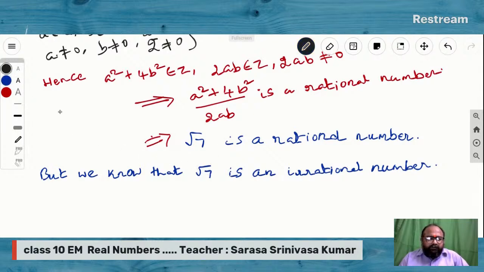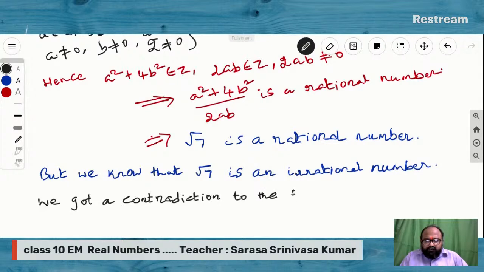So we got a contradiction to the fact that square root of 7 is an irrational number.